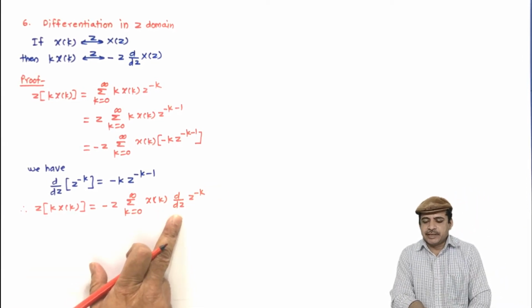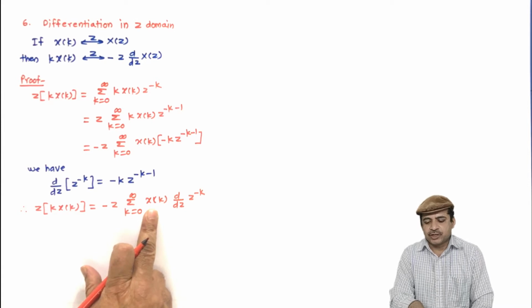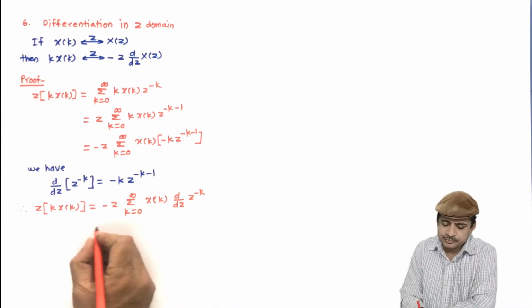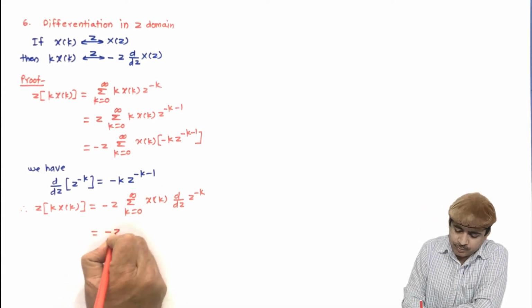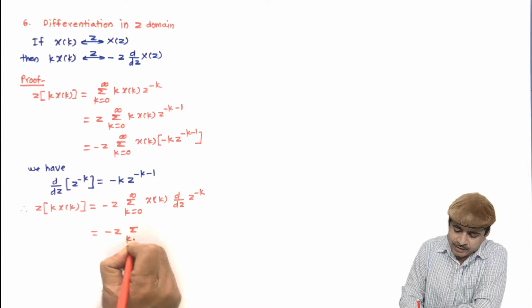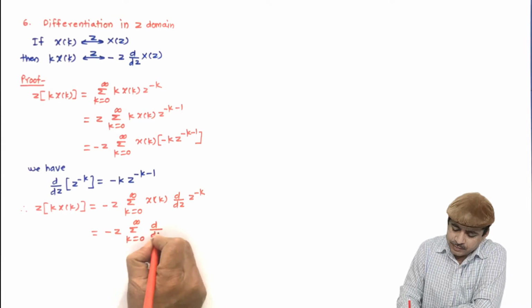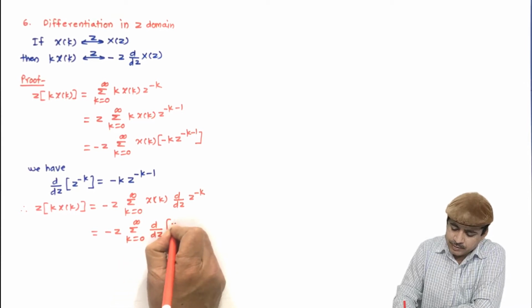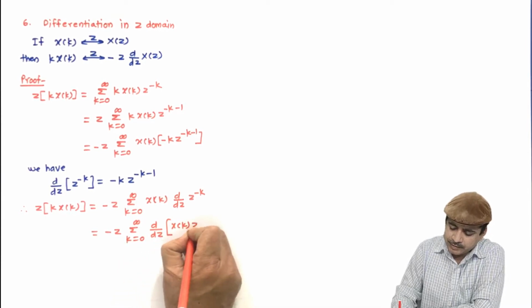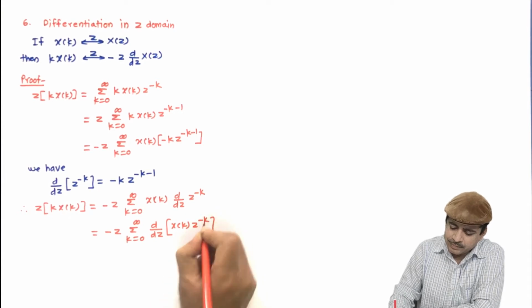Now with reference to z, x of k is a constant and can be taken inside. So this is equal to minus z summation k equal to 0 to infinity of d by dz of x of k z raised to minus k.